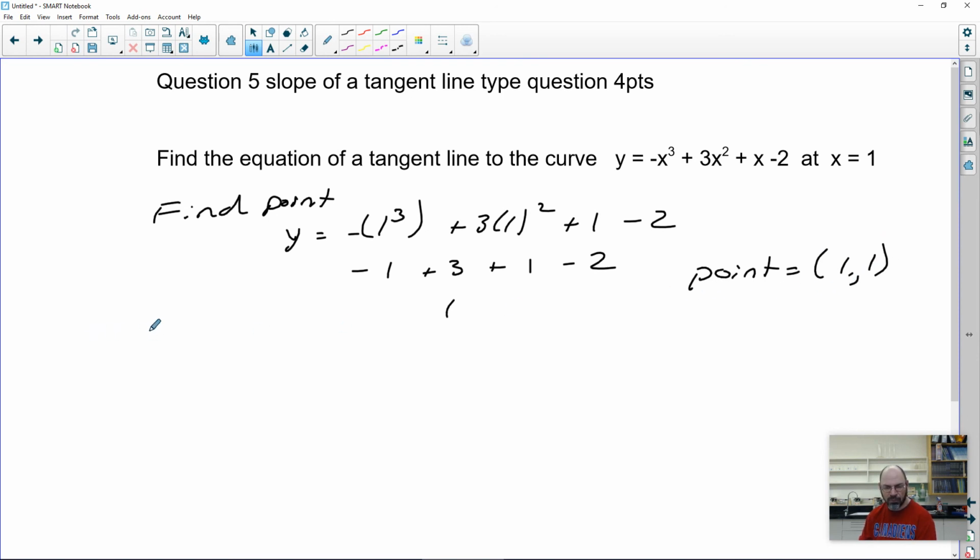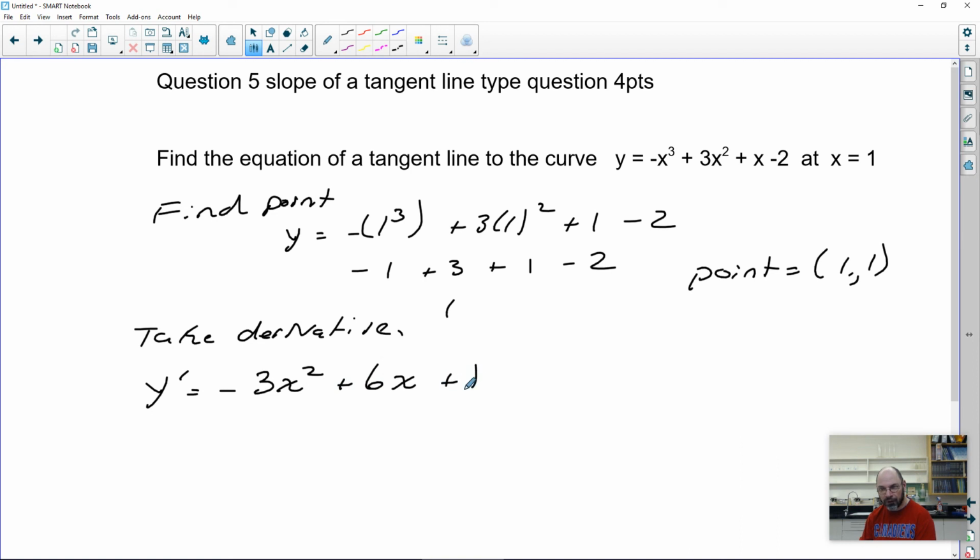Okay, and then we get the slope. So we take the derivative, which represents the slope. And then we're going to plug in x equals 1. So the derivative, y prime, is going to be negative 3x squared plus 6x plus 1.